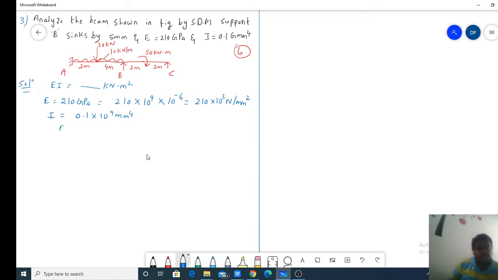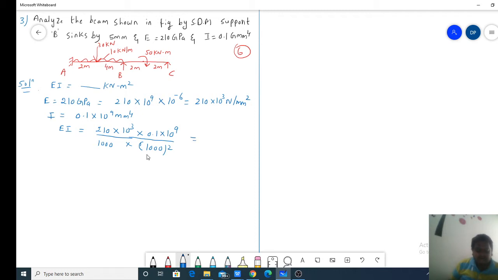So if I want to find EI, then this will be 210 into 10 raised to 3, which I need to divide by 1000 to convert into kilonewton. Then I is given as 0.1 into 10 raised to 9, so this needs to be divided by 1000 square.